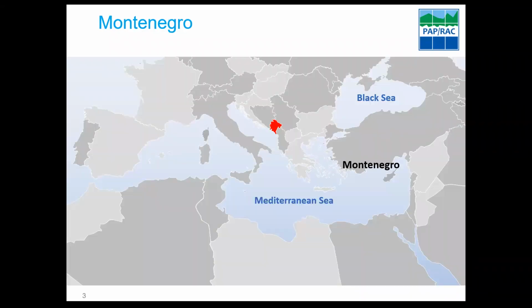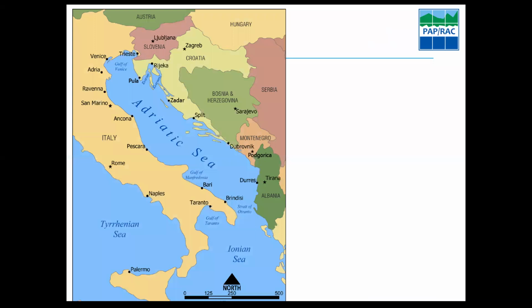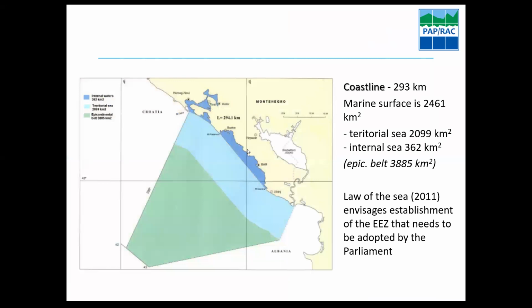Looking at the Mediterranean Sea, Montenegro is this small country marked in red. If we zoom a little bit more, it's the country in the Adriatic, opposite Italy.